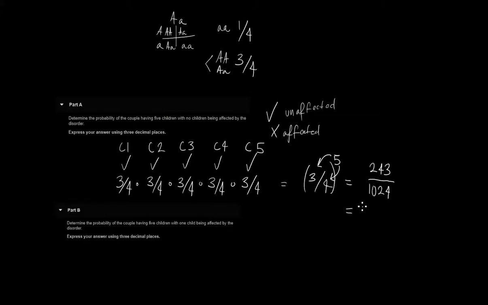It's going to be equal to 0.237. That is the probability of our couple in question having 5 children with no children being affected by the disorder.